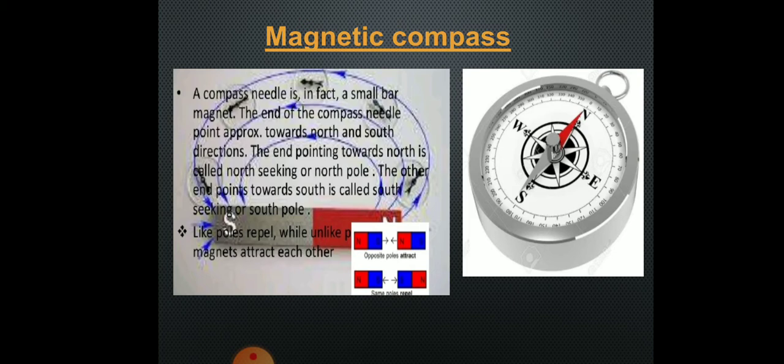So when the compass needle is taken near a bar magnet, what happens? There is a deflection because of the magnetic field present around the bar magnet. So what is this magnetic field then? Let us study now about the magnetic field. When we bring two magnets near each other, either they attract each other or they repel each other.